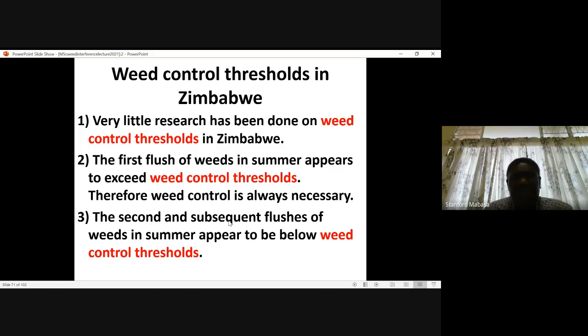There's no period where you say, probably I don't have enough weeds. But there are certain conditions where the first flush of weeds is plowed during land preparation. Under those circumstances, the subsequent flushes of weeds in summer may appear to be below weed control thresholds, but studies are really necessary to establish this.